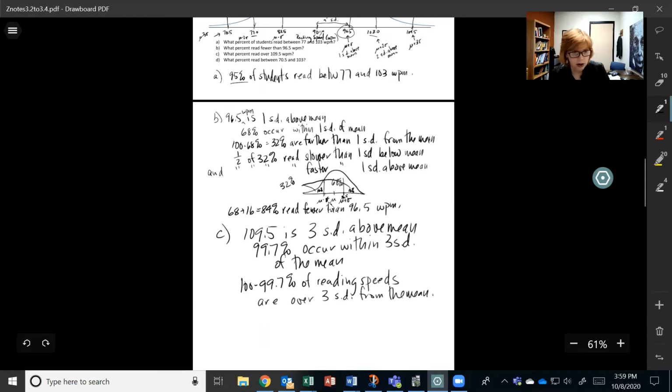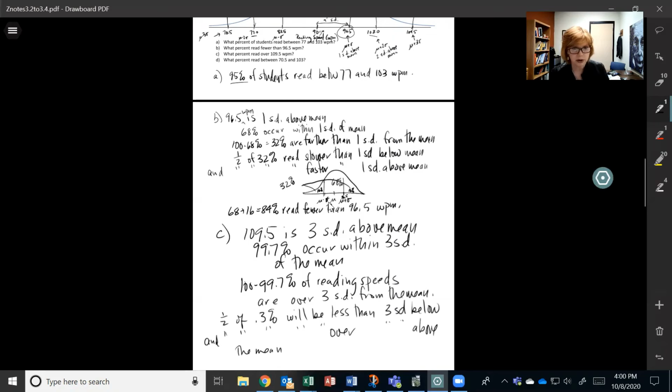Right, so that's 0.3%. So half of the 0.3% will be less than 3 standard deviations below, and half of the 0.3% will be over 3 standard deviations above the mean, right, which is 0.15%.